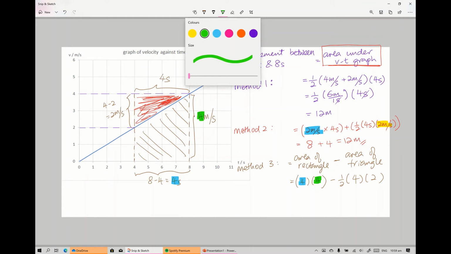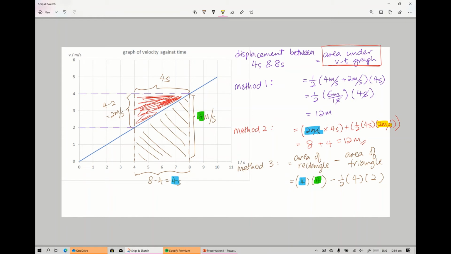This 4 is taken from here, and there's only one 2 there. So we have 16 minus 4, and that gives me 12 meters.